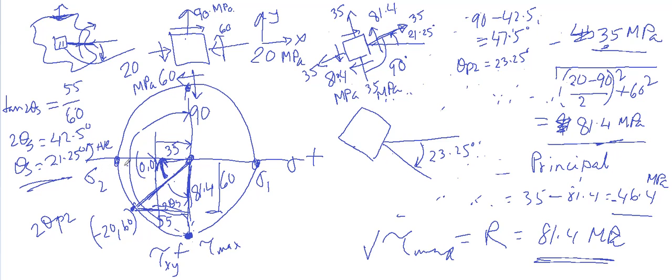What is the value of sigma 2? If you can remember, it is still here, 46.4. And it is compression, negative, so it is minus 46.4 megapascal. So that is my minor principal stress.